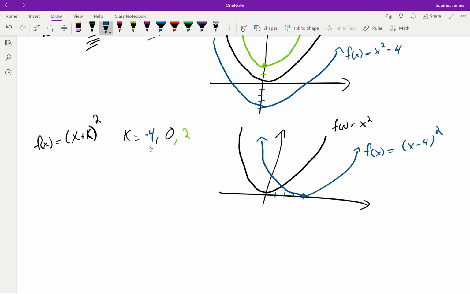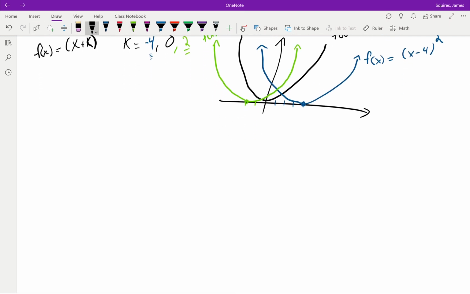Whenever we are subtracting a value from our x variable, we're going to shift it to the right 4 units. We're not going to shift it to the left 4 units, we're going to shift it to the right. And similarly, if we work with k equals +2, we're going to shift our elementary function to the left 2 units. And that is our f of x equals (x plus 2) squared.